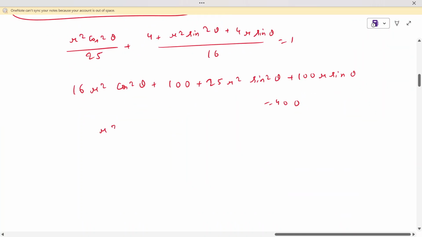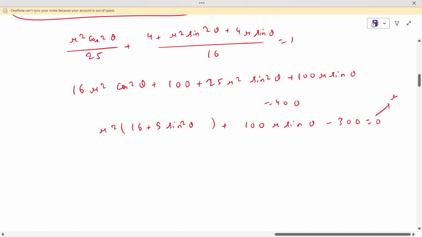So I'm getting r square into (16 cos square theta plus 25 sin square theta) plus 100 r sin theta minus 300 equal to 0.